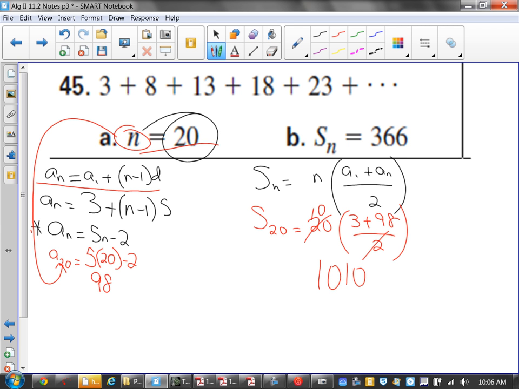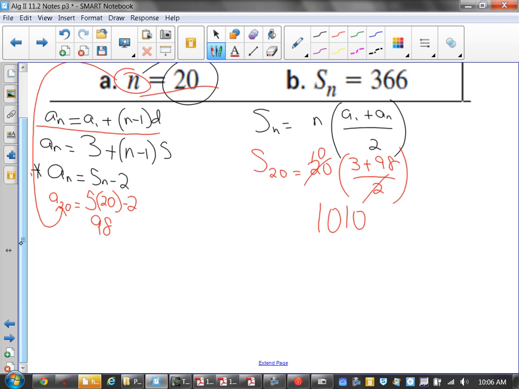Now, when you go to figure out how many you need to add together to get up to 366, we work a little bit differently. I know if I want to find out how many of them I have to add together to equal 366, I use the sum.